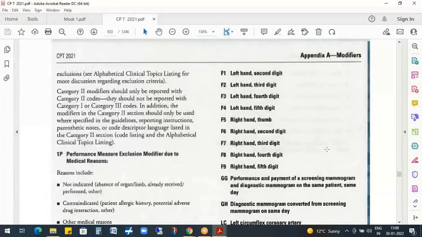There you will find it. See how we can memorize this. Always keep in mind, everyone: the modifiers start in anti-clockwise direction from left to right. Left thumb is FA, then F1, 2, 3, 4. Then right thumb is F5. From left thumb to right you need to come: FA, F1, 2, 3, 4, 5, 6, 7, 8, 9, like that.